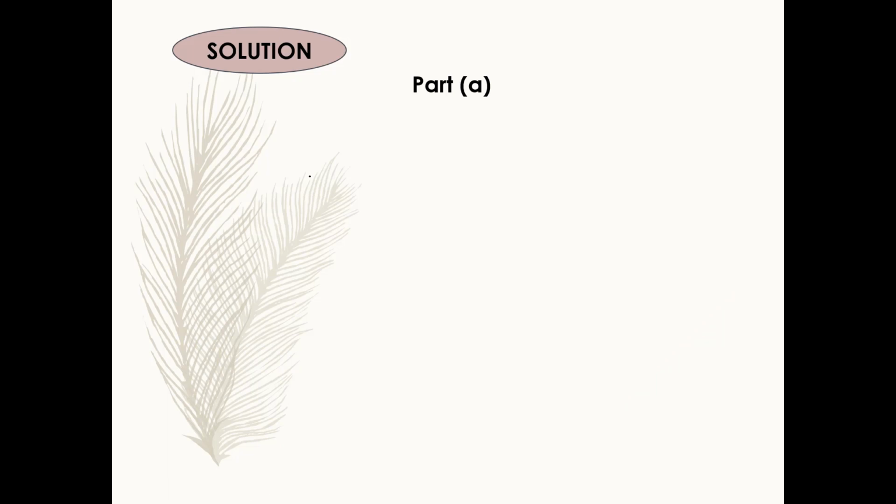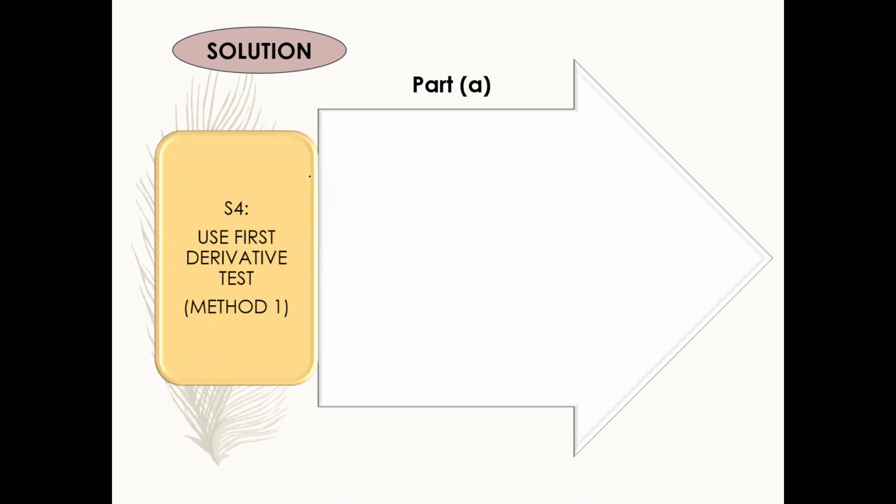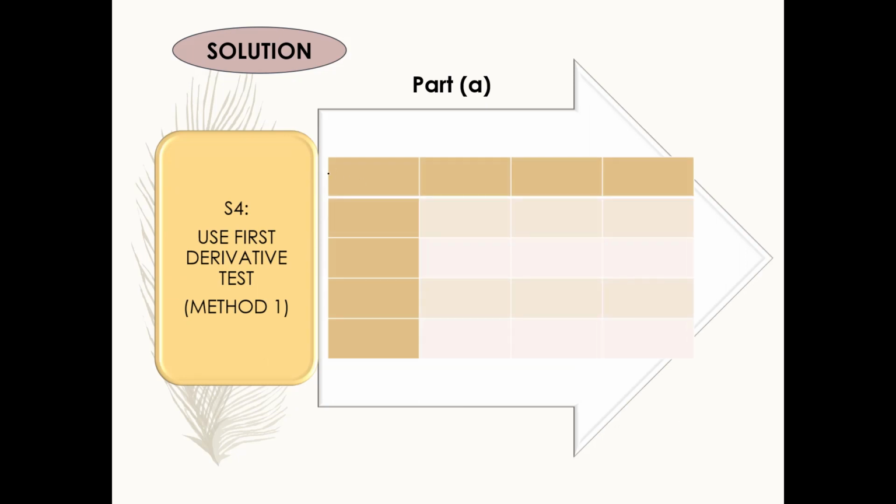Okay, so for part A, you need to find the nature of the points that we got in step 3. You can use either first derivative test or second derivative test, but first I will show how to use first derivative test. So you need to draw a table and then put the interval, the value of x, dy/dx, and then the last one is conclusion.